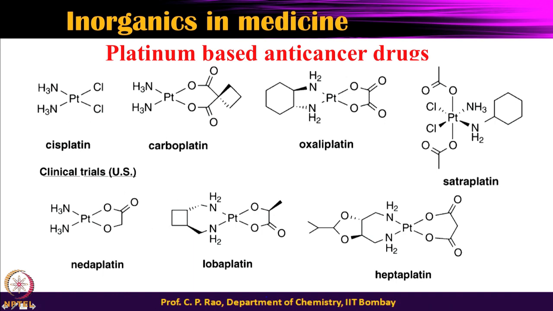So, they all have either the diammine or diamine part. This is a different compound and this is a platinum 4 based one. Okay. So, all others are platinum 2 based compounds. So, this is 2 minus, so therefore 0, 2 minus, 0, 2 minus, 0, also all of these neutral, because nitrogen ligands are neutral.